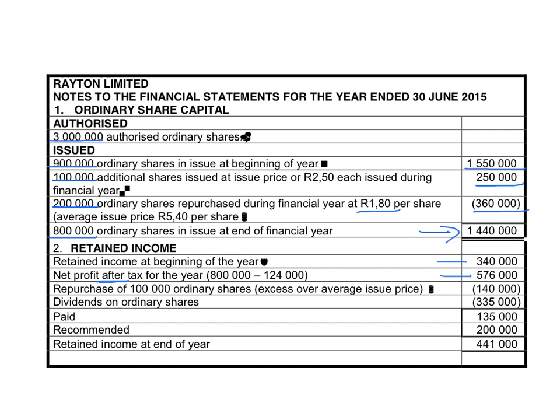Then there was a repurchase of 100,000, and the difference between the average price and the price that's paid back to the shareholders gives me the amount that I will take away from retained income, the additional amount that was paid back more than the capital.